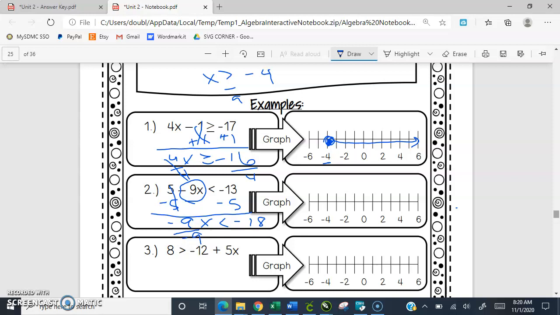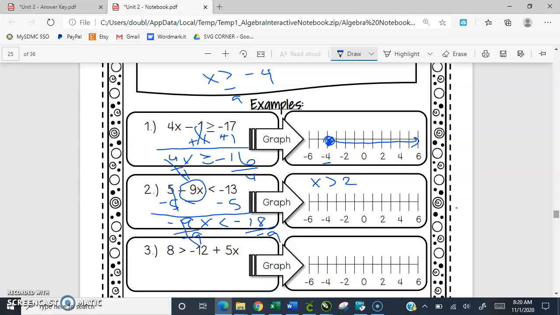Sorry if you can't see that. So these cancel out. Now since I divided by a negative 9, a negative coefficient, that means my sign switches. So now I have x, instead of less than, greater than. And negative 18 divided by negative 9 is two negatives, so they turn positive. And 18 divided by 9 is 2.